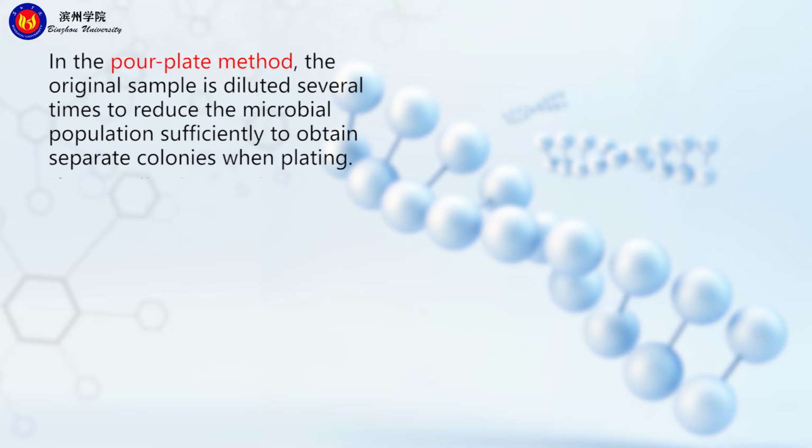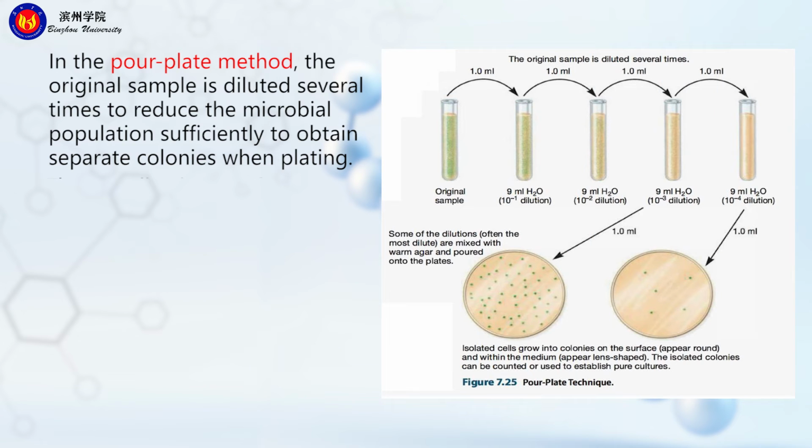In the pour plate method, the original sample is diluted several times to reduce the microbial population sufficiently to obtain separate colonies when plating. You can see it on the picture on the right.